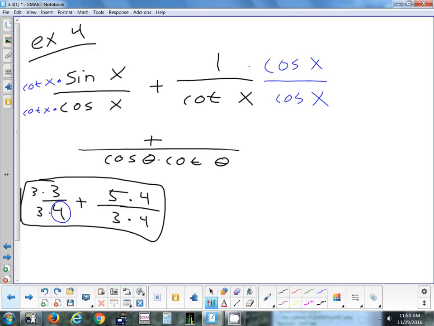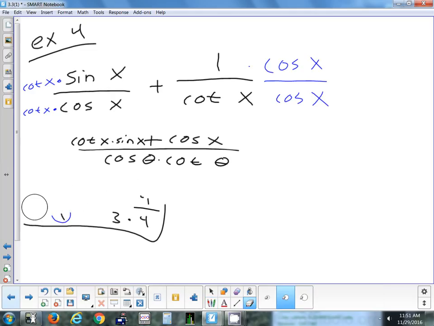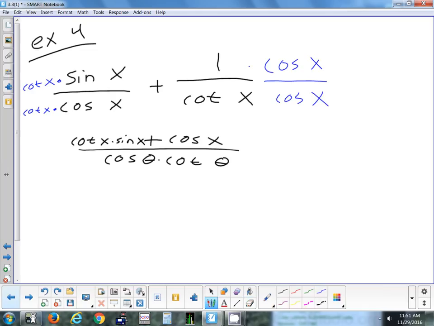Okay, so now I have cotangent times sine, which we've had little problems like this earlier, so maybe I can do something with that. And what else do I have? Plus, it's just 1 times cosine. All right.